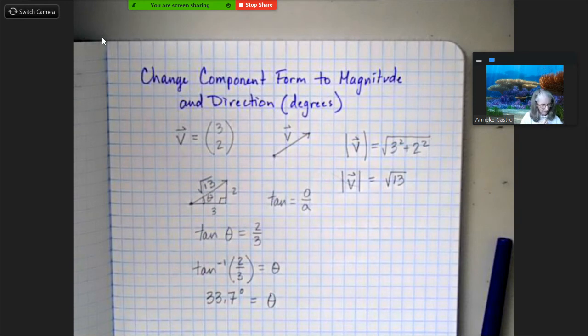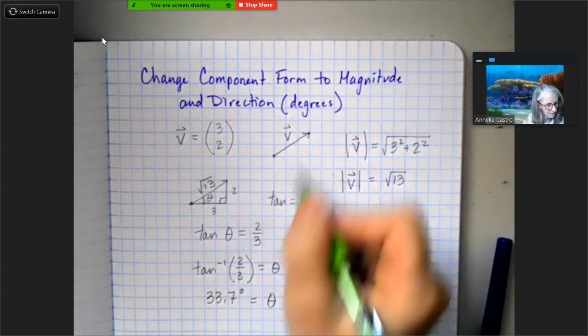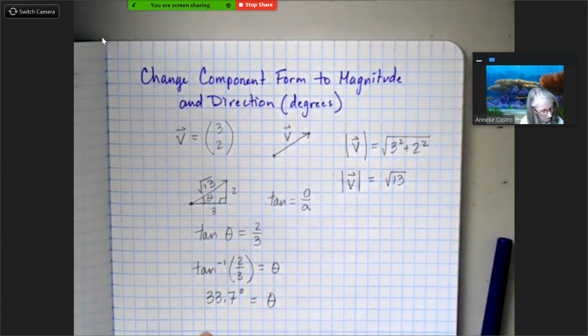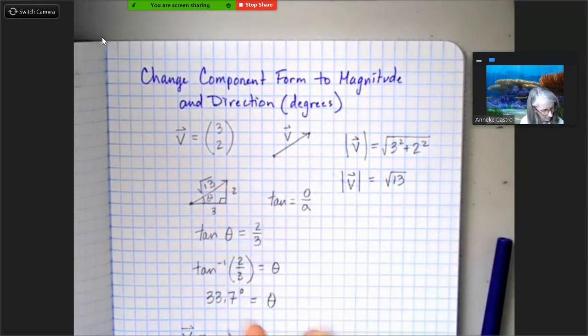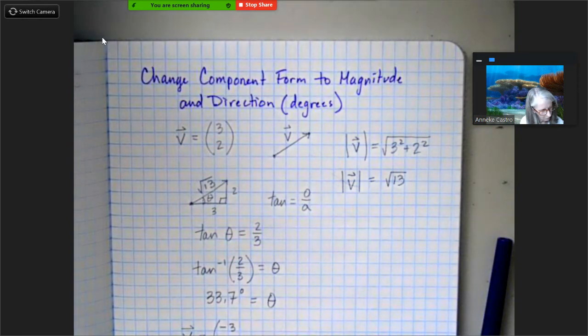Oh yeah, what about the opposite? If I have this as my vector, what if I wanted to know the opposite vector, negative v? What is that going to be? The opposite would be multiplying each of these by -1. So the opposite vector would be -3, -2.